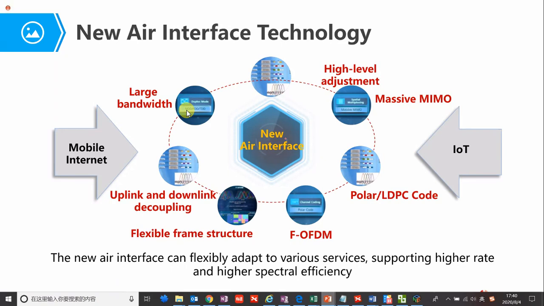And for the new air interface, we introduced a lot of new technologies like large bandwidth. In our LTE network, we can just support 1.4, 5, 10, 15, and 20 megahertz.